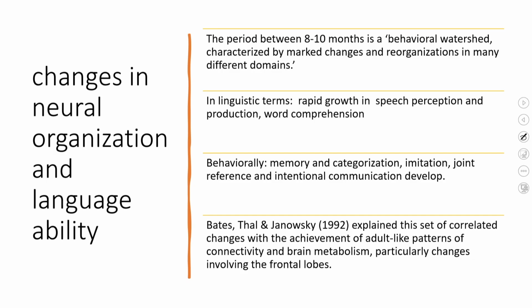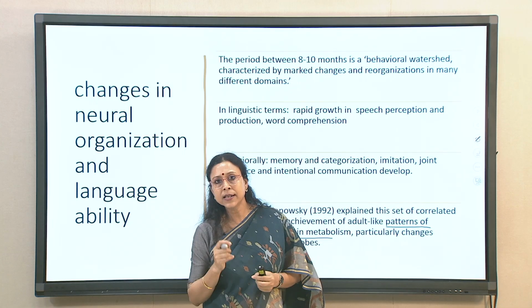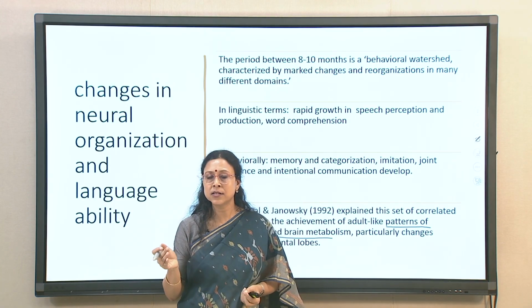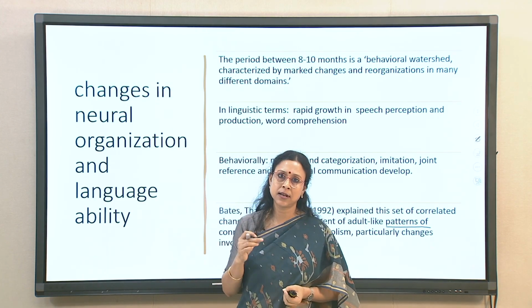This set of correlated changes has been explained by a very well known publication, where they propose that it is linked with the achievement of adult-like patterns of connectivity and brain metabolism at that time. As we will see in the next segment, certain kinds of activities and connections built up during this time almost resemble the adult brain's connectivity.